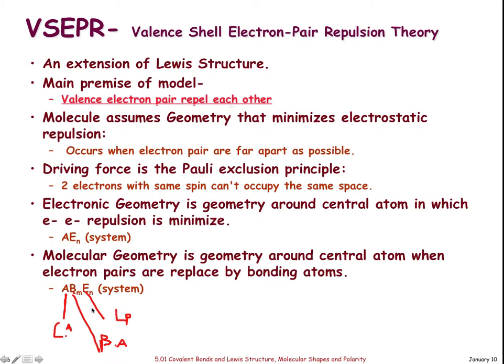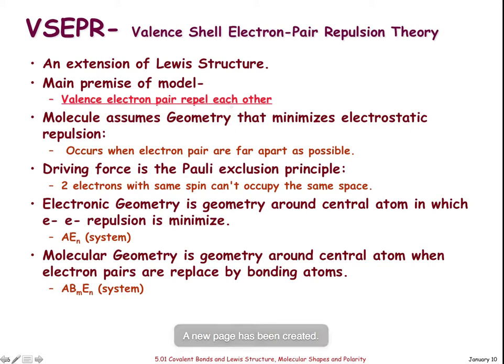And through the ABE system, you can come up with the molecular geometry. The AE system gives you the electronic geometry. The ABE system gives you the molecular geometry. And we'll discuss this in the slides later on.